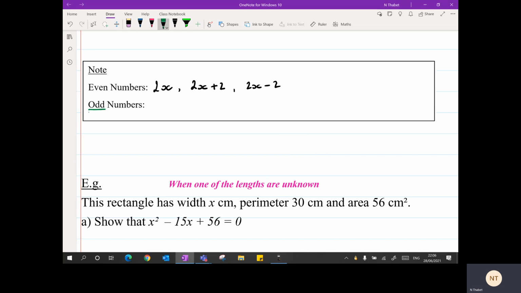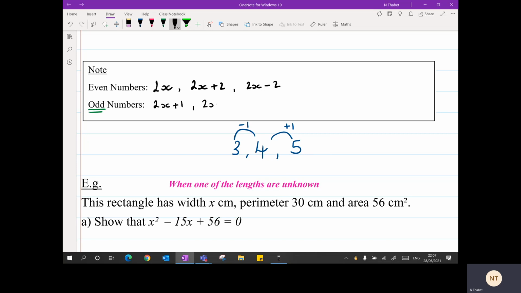Now, odd numbers, well, let's have a look. This is an even number. That's an odd number, and that's an odd number. And you can see that from the even number, you would add 1 to get an odd, or you'd subtract 1 to get an odd. So again, I would put the first odd number as 2x plus 1.